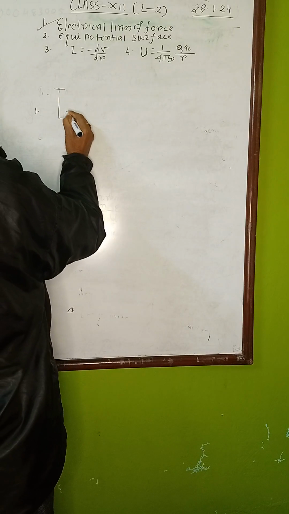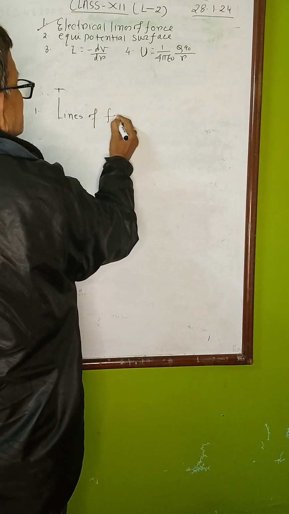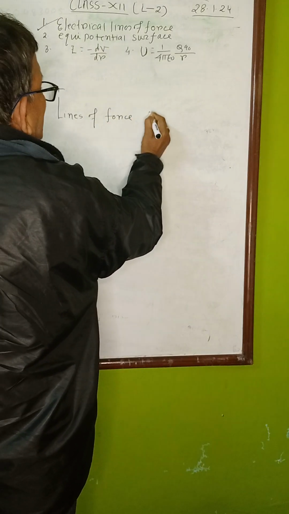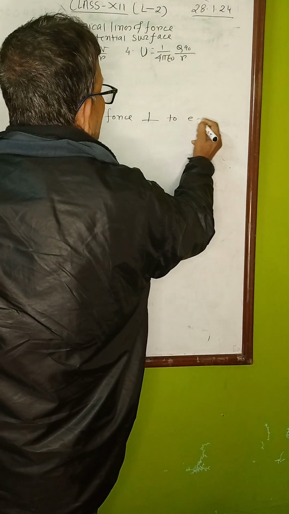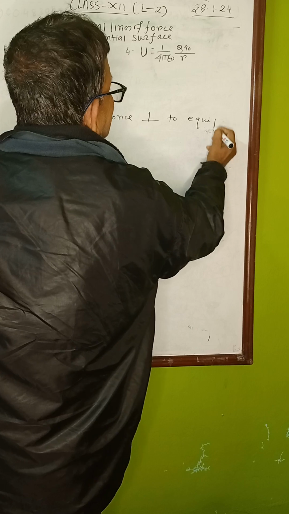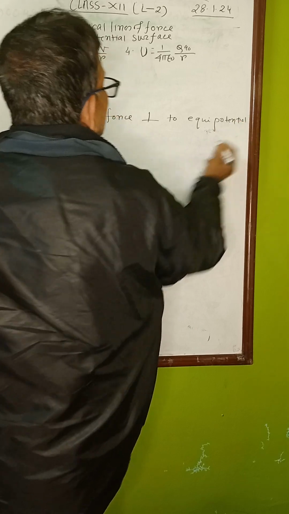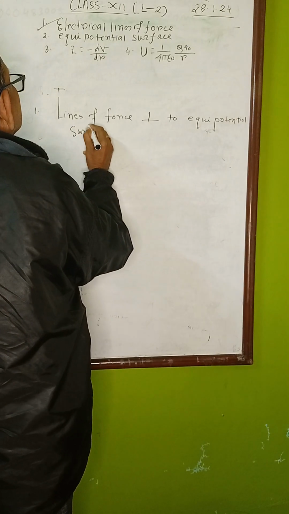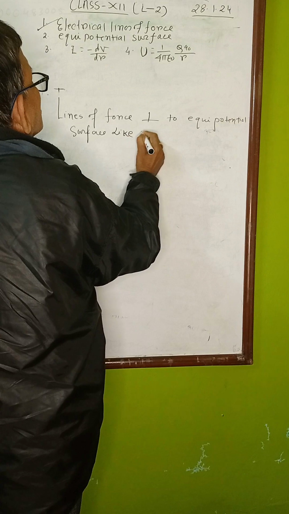Lines of force are perpendicular to an equipotential surface like a conductor.